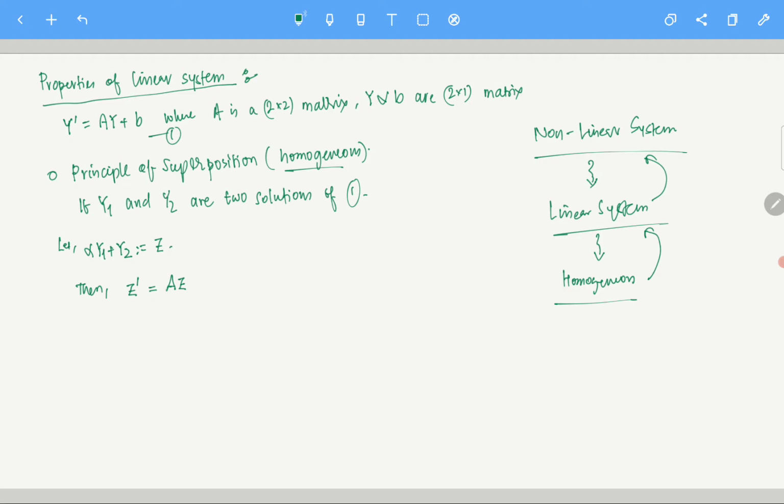So essentially what I'm trying to say is, if y1 and y2 solve 1, then alpha times y1 plus y2 also is a solution of 1, correct?